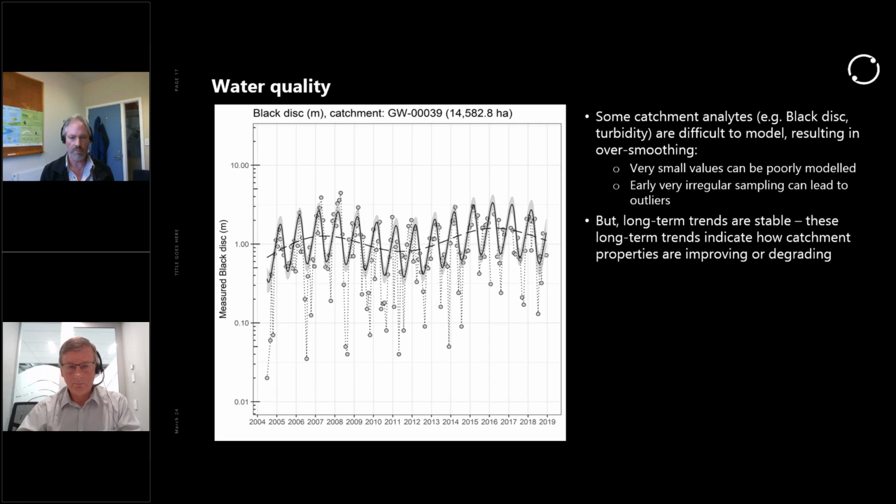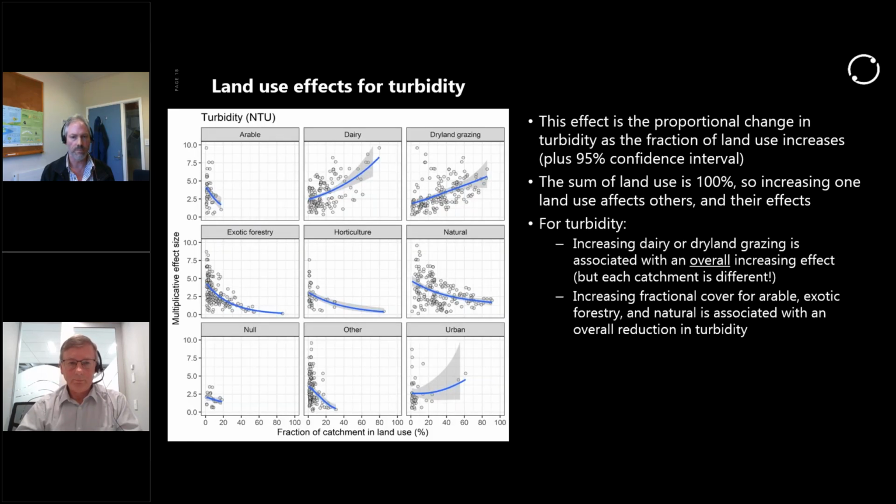This example was data for the 15 years, but for some catchments, data was shorter. But again, general conclusions for this type of approach, the long-term trends were stable, and that's what was important in our work. An example, across all the 192 catchments, we looked at land use effects on the water quality parameters.